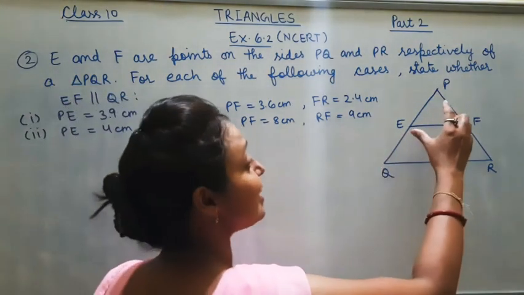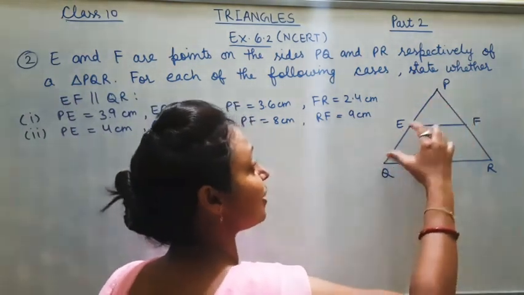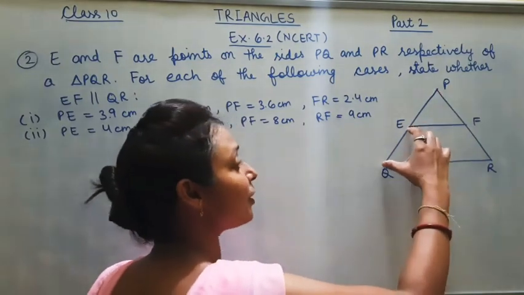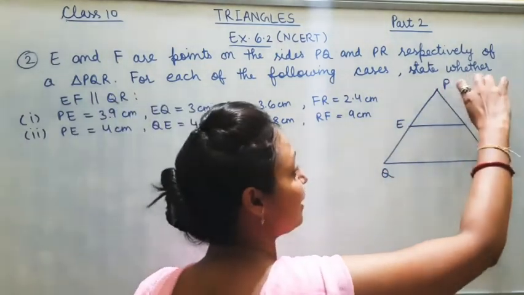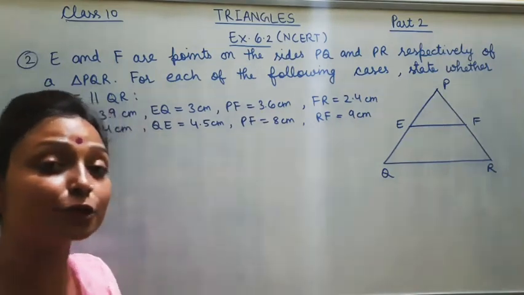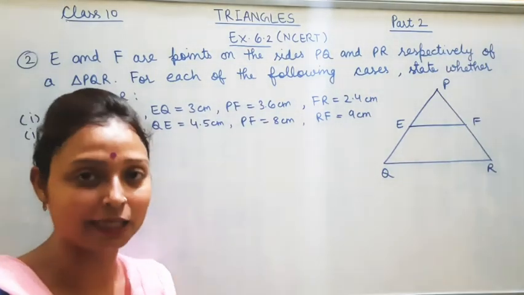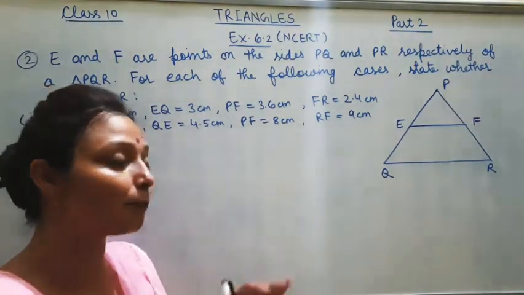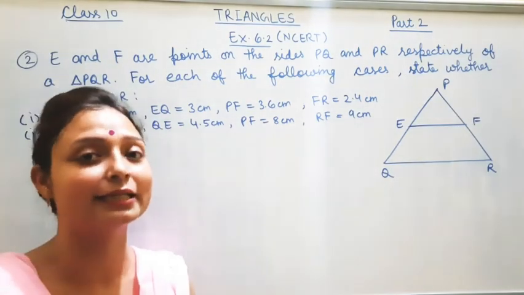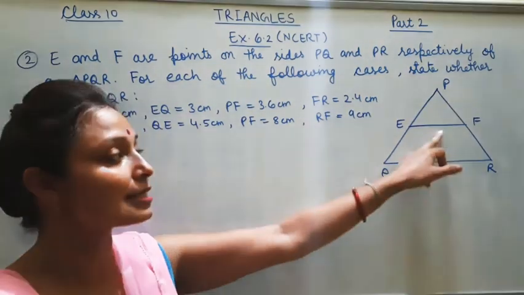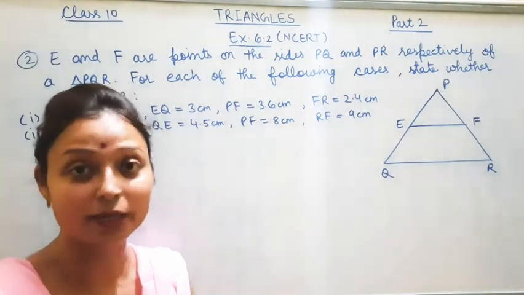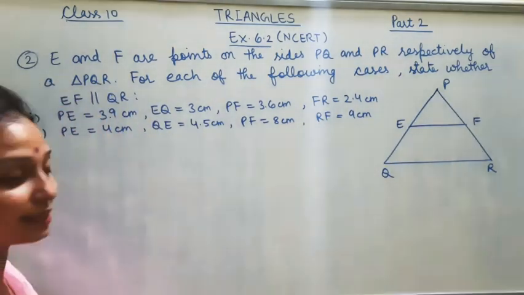It means if PE upon EQ is equal to PF upon FR, then we can say that these two sides are parallel. So we need to find the proportionality first.